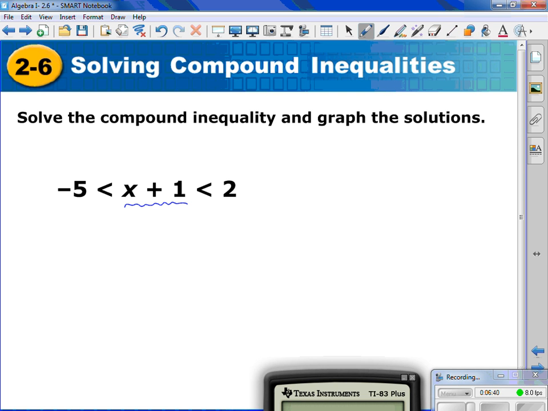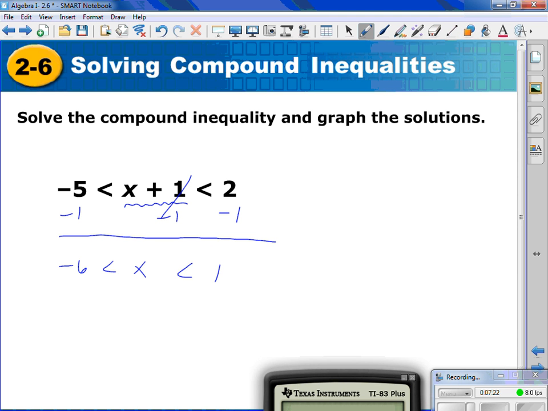So what's in the middle with that x? 1. What's happening with that x? It's adding 1. How do I get rid of an add 1? Subtract 1. But I don't just have one side of the problem, I have 2 sides, so I have to subtract 1 from both sides. -5 and a -1 is -6, less than x, less than 2 minus 1 is 1.